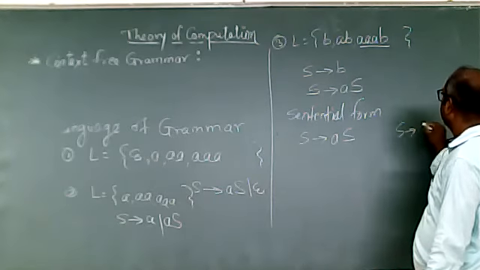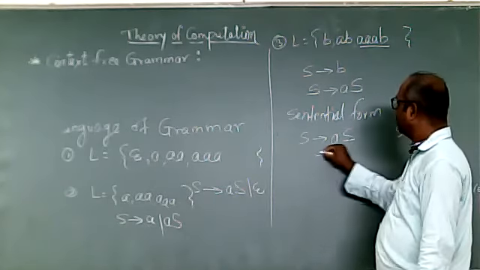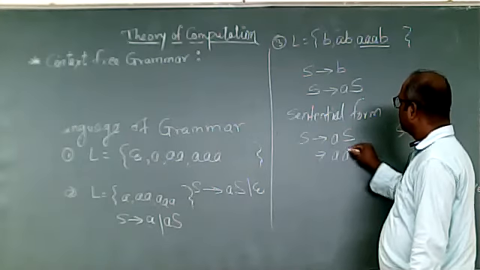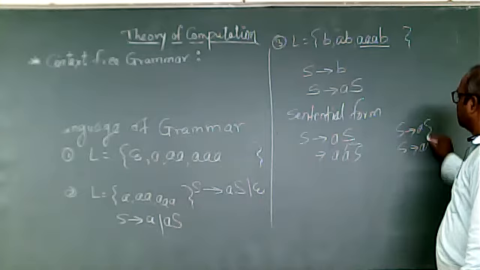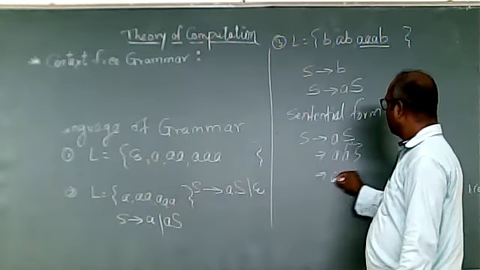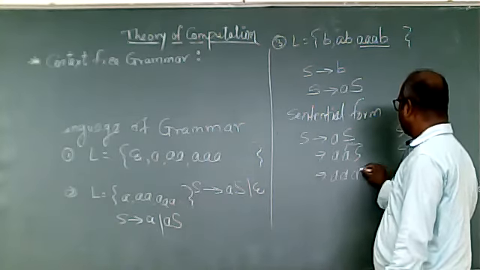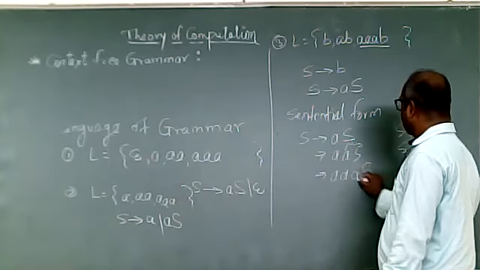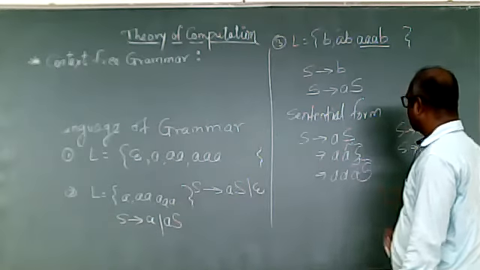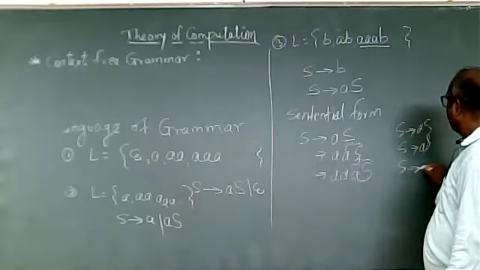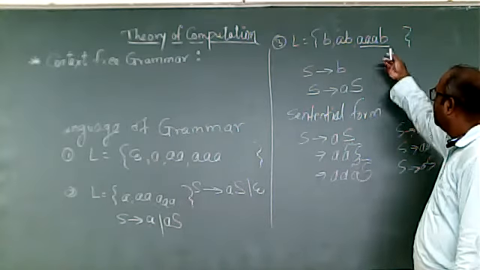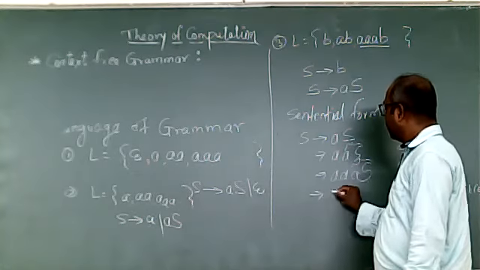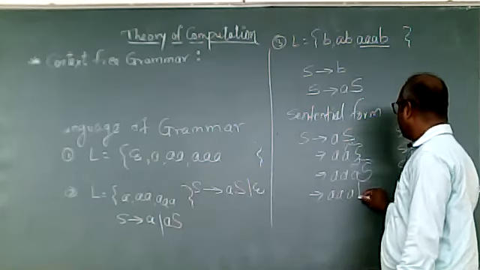So S produces AS. Again one more AS. S is a variable, so I will write it in capital letters, AS. So again I have used the same production. Now this I want to terminate with the B. So the second A and the B.